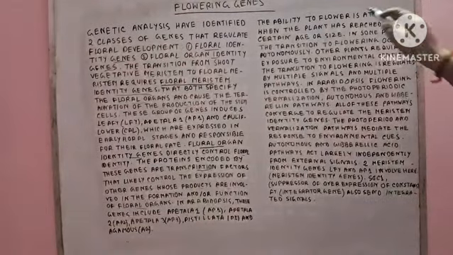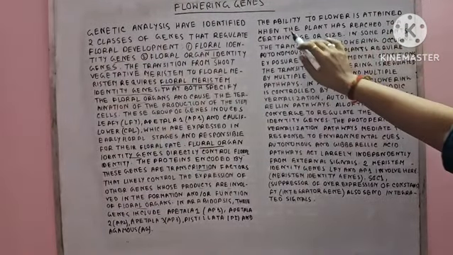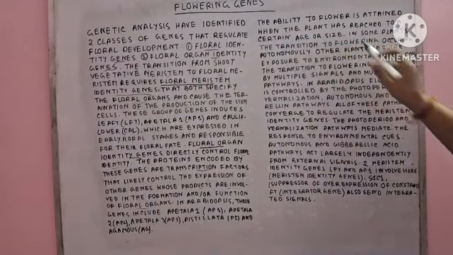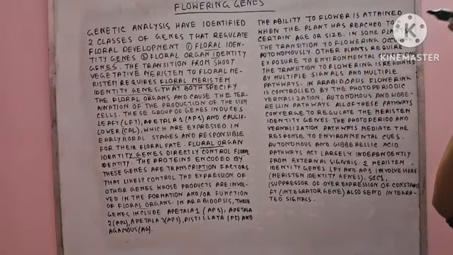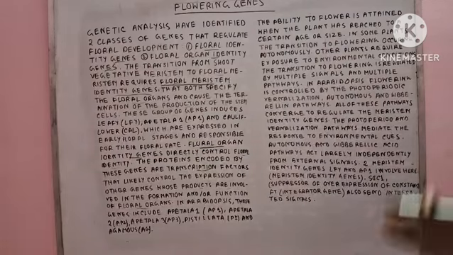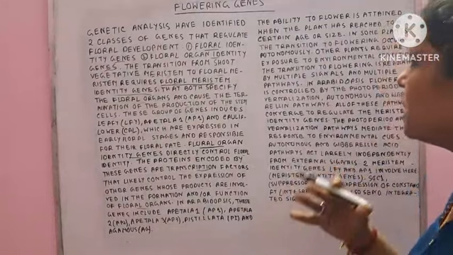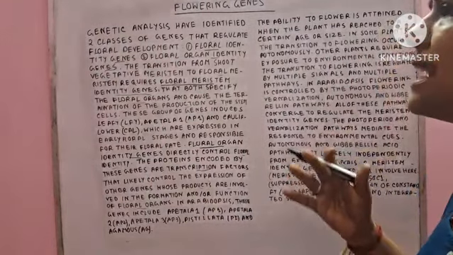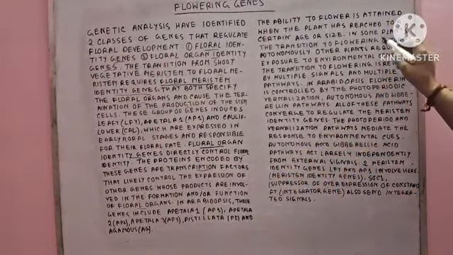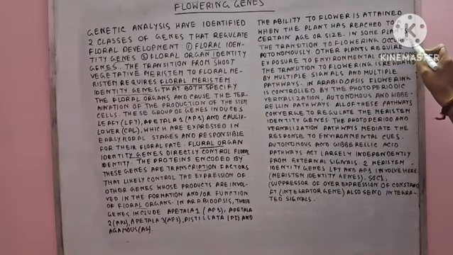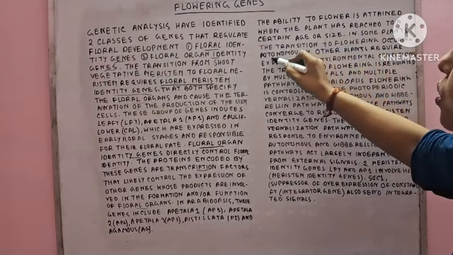Now, the ability to flower is attained when the plant has reached a certain age or size. So, after the maturation of the plant, this flowering process occurs. In some plants, the transition to flowering is done autonomously.